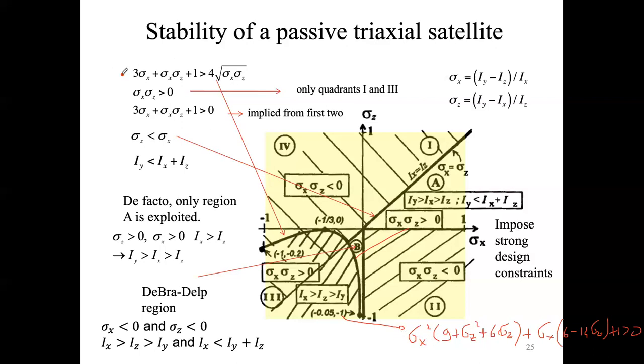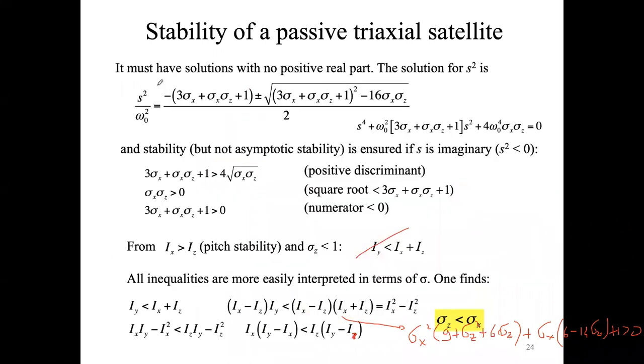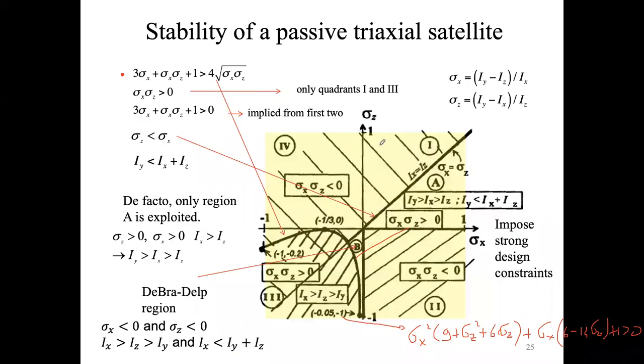Okay, from this one. The second condition, sigma x times sigma zeta greater than 0, that was this condition here, tends to exclude all that region that is above the line sigma x equal to sigma zeta. Actually, sorry, these exclude only the fourth and the second quadrant here.